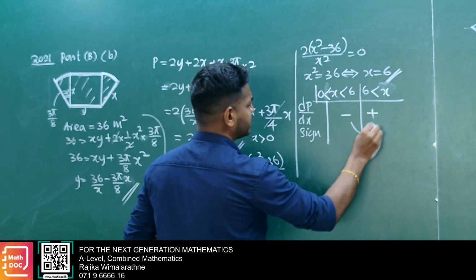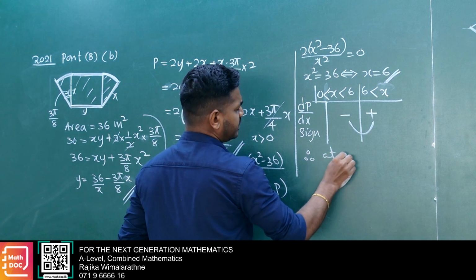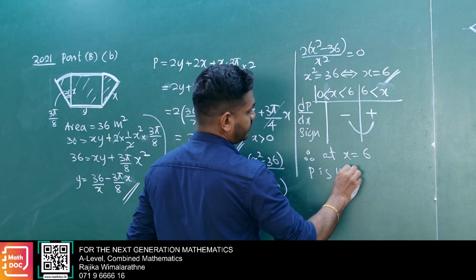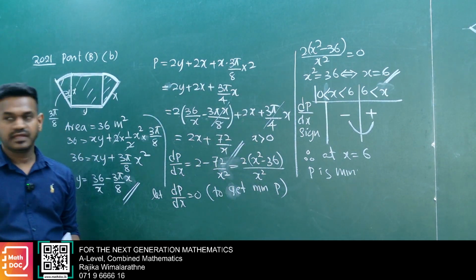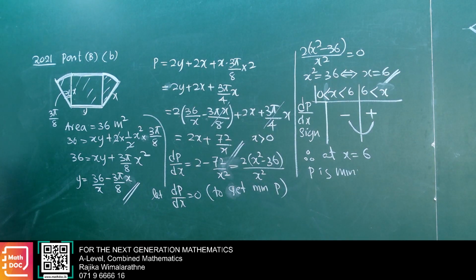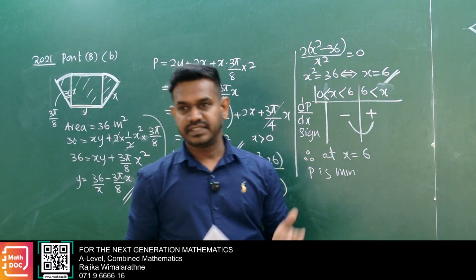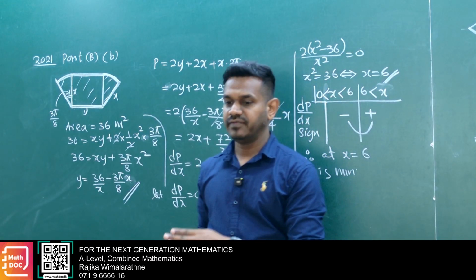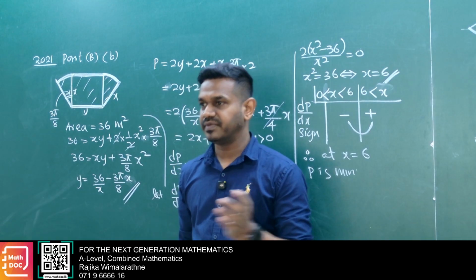Negative to positive variation means a minimum. Therefore at x equals 6, P is minimum. We follow one simple technique: first get the function, then differentiate, solve dy by dx equals 0 and check the sign. Very simple procedure.